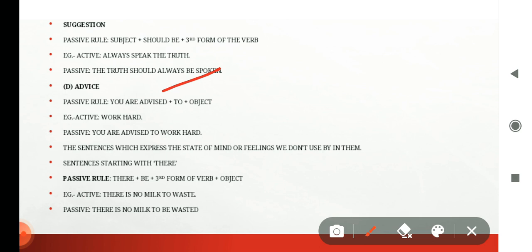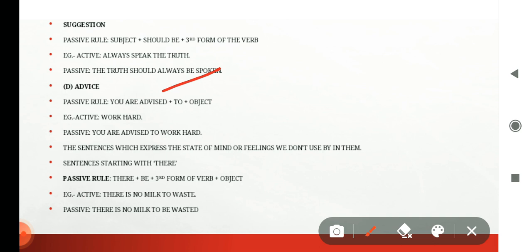Now advice. The passive rule is that you are advised to, then the object. If we see the example, work hard. In these two words, we cannot find any subject or object here. So how will we convert? It will be difficult for anyone to convert this active voice into passive voice. First you need to identify the type of sentence.